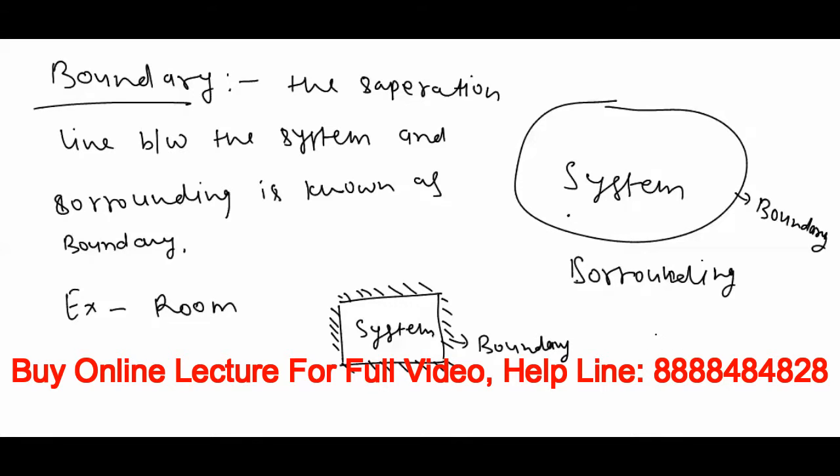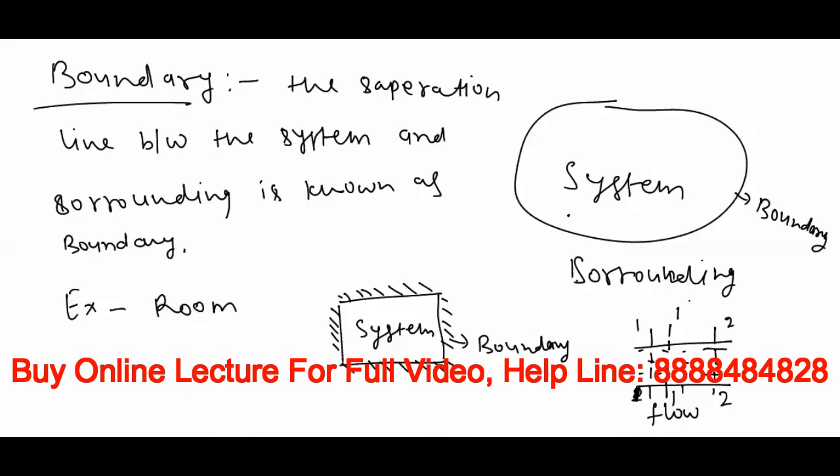But if we consider the second example of a flow in which the fluid is flowing, and we just cut the boundaries to study the fluid flow, this is section 1 and this is section 2. Then in reality there is no boundary of the system, but we just imagine the boundary. And again we may want to change the section.